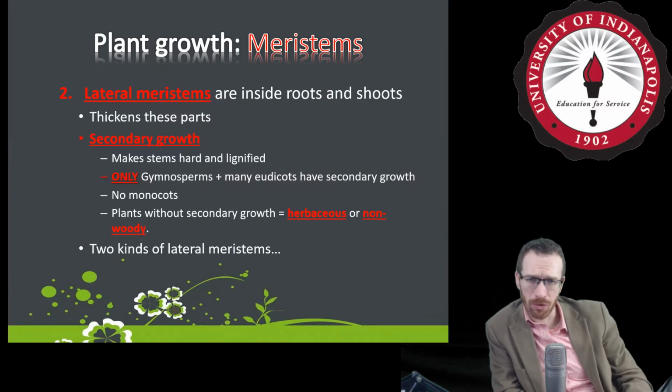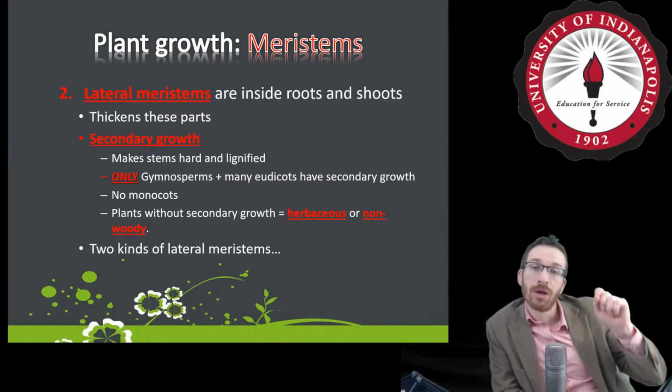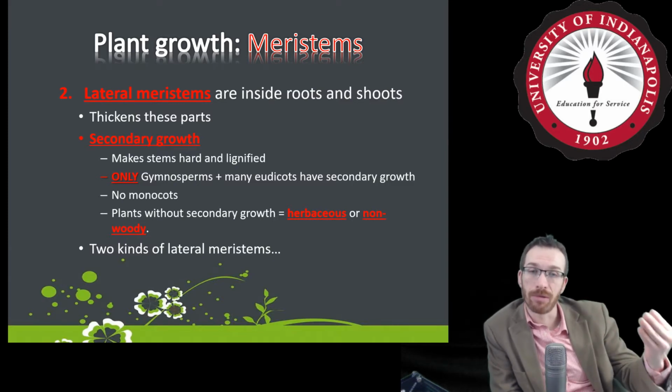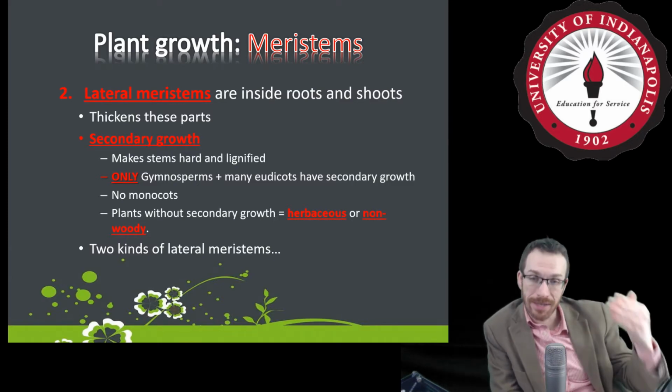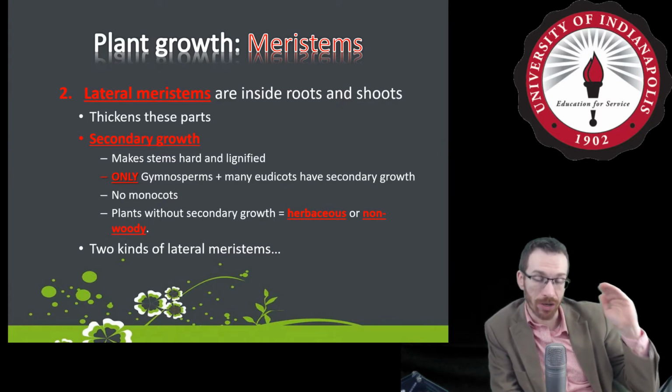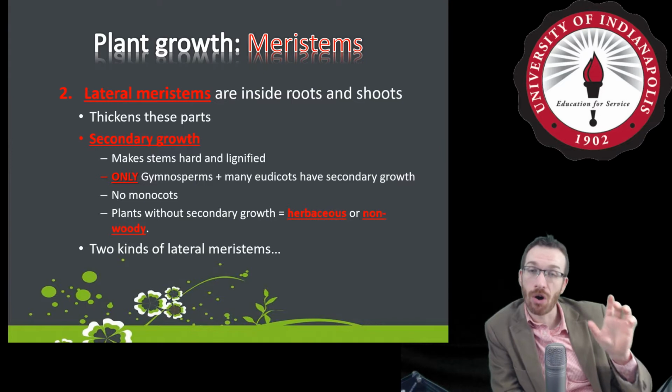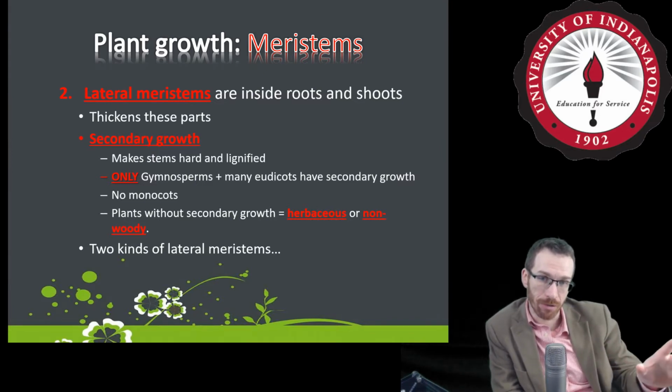And you also have lateral meristems that are making xylem and phloem. But in that oak tree, pine tree, apple tree, those lateral meristems are not just producing one little bit of xylem and phloem, they're producing cells upon cells upon cells. Every growing season, they're producing a new layer of xylem, a new layer of phloem, new layer of xylem, new layer of phloem. And these xylem and phloem layers harden and harden and harden, and this becomes secondary growth.